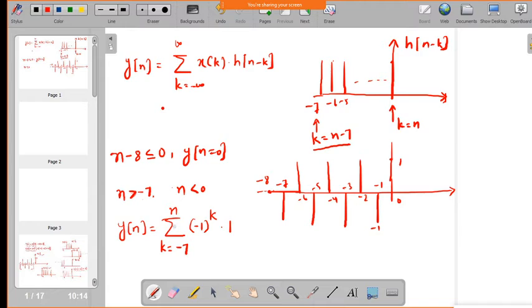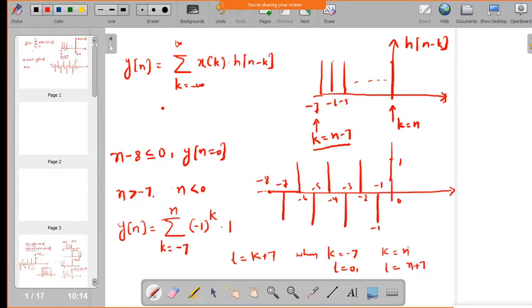Now we can do this whenever your value changes. Take the expression in an expressible form. That means take L equal to k plus 7. When k equals minus 7, your L becomes 0, and when k equals n, your L becomes n plus 7.